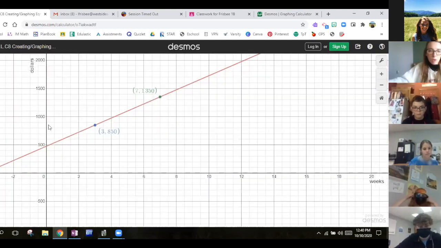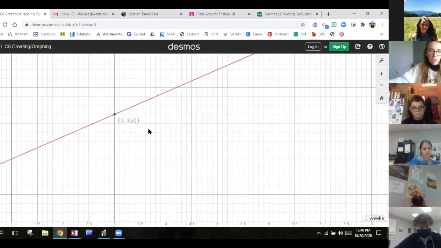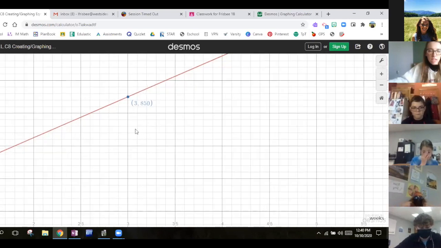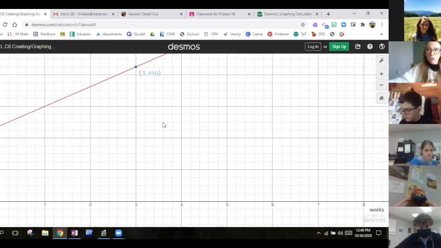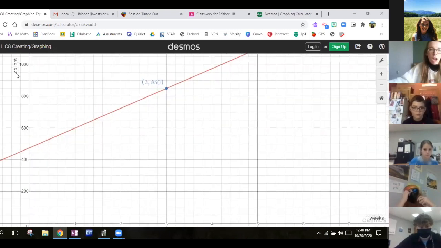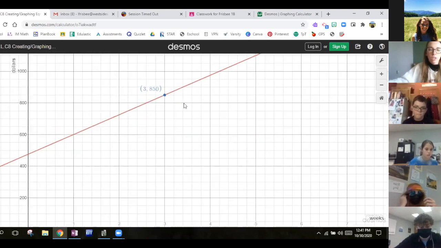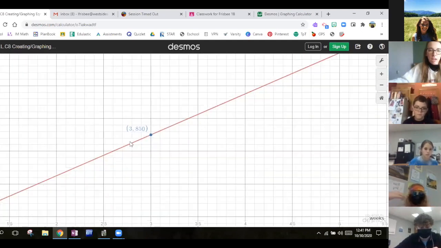All right, so it wanted us to focus in on how much money she had after 3 weeks. If you look at your graph down here in the bottom right-hand corner of your screen, our x-axis is labeled weeks, and our y-axis is labeled dollars. So if I've got 3 weeks as my X, my Y tells us what?